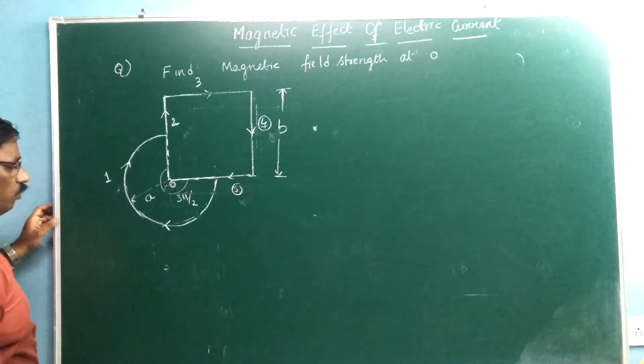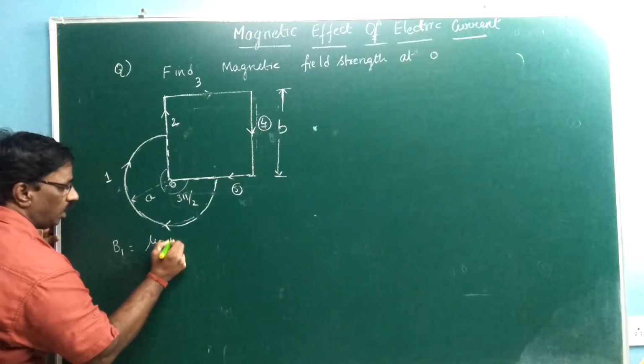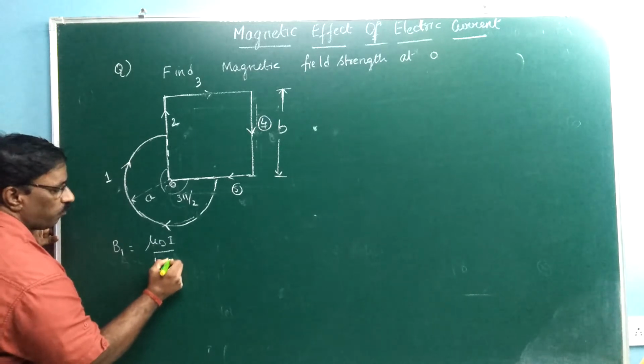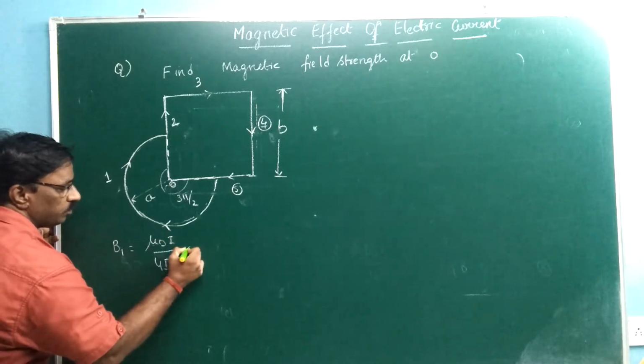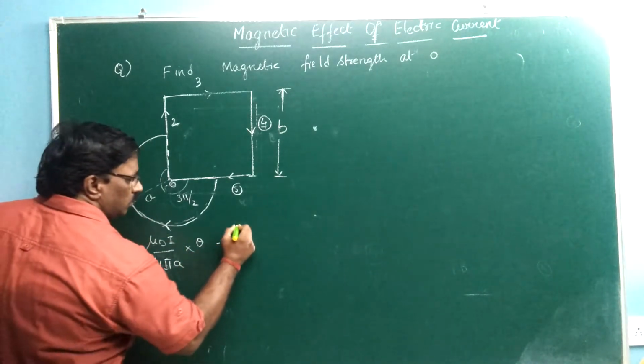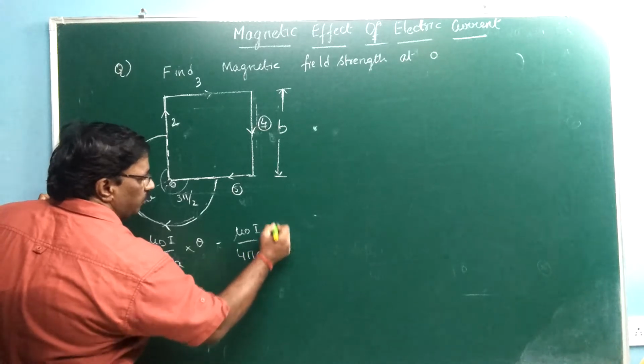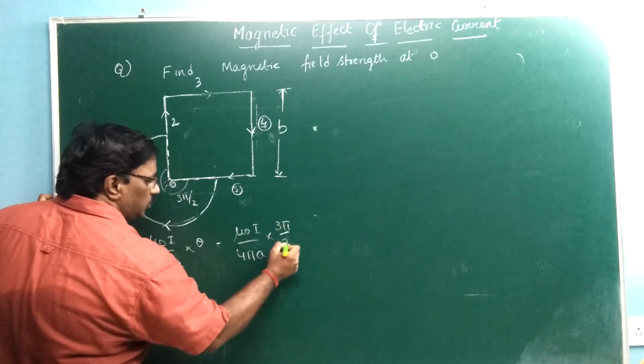Because of 1, how to calculate the magnetic field? B1 is mu naught I by 4 pi a into theta. What is theta here? 3 pi by 2. So mu naught I by 4 pi a into 3 pi by 2.